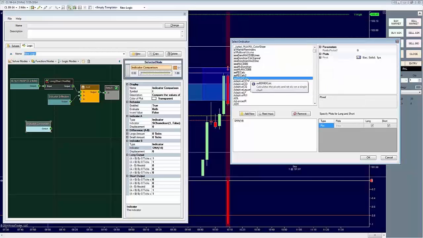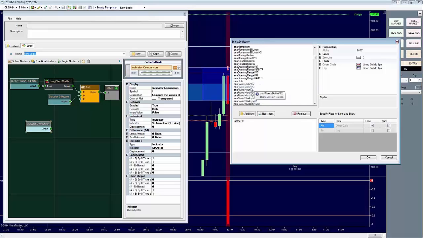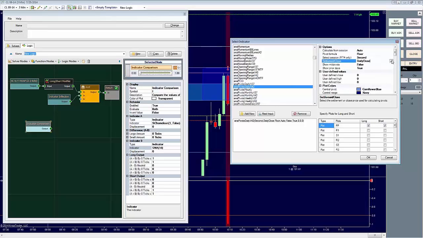And then the pivots, the ANA pivots daily. Remember, we have to set this to intraday close, RTH, and then scroll down and find the central pivot, the CP, right there.